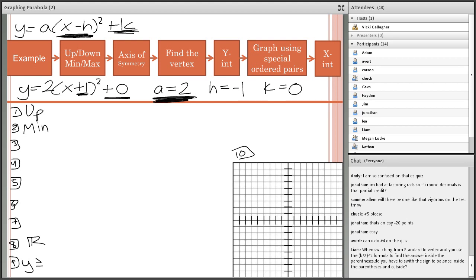All right. In this problem, you want to do your vertex first and your axis of symmetry second. So the vertex, again, is the opposite of the number in the parentheses, which we said would be -1, and then the number to the right of the parentheses, which would be 0. So my vertex is negative 1 comma 0.